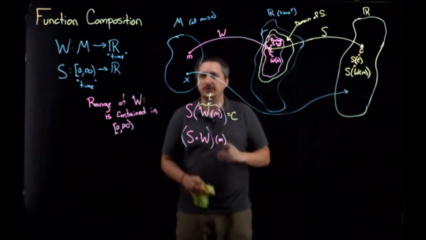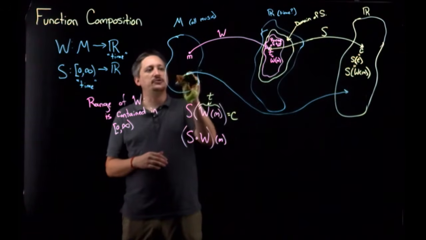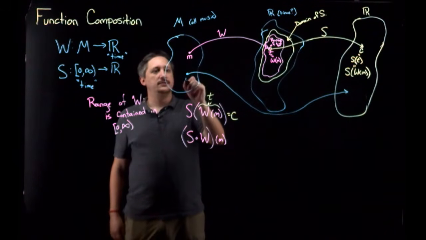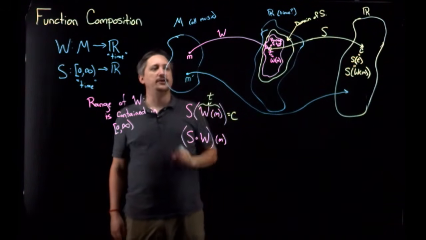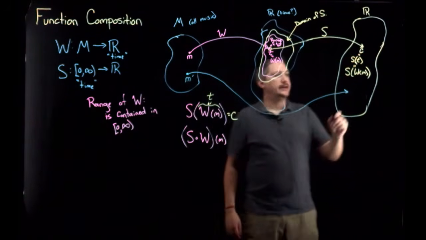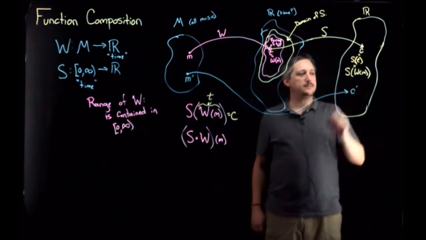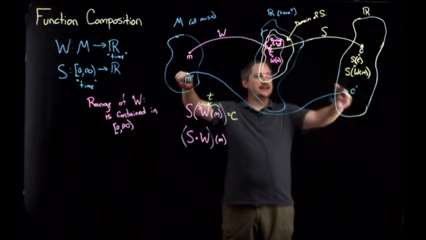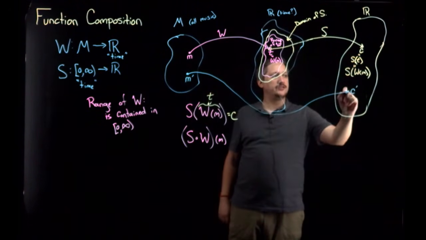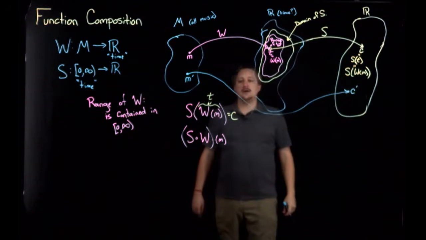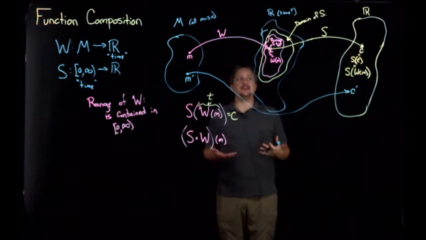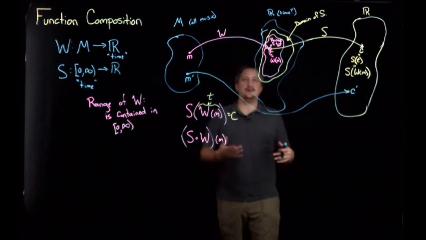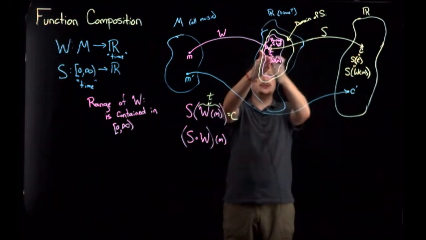Actually, let me do it this way. Let me do m prime, m with a little tick, and I would get some c prime. So I could apply it to some point, and I get some point over at the end. But now I'm not applying w or s, because w only goes to this middle, and s only goes from this middle.